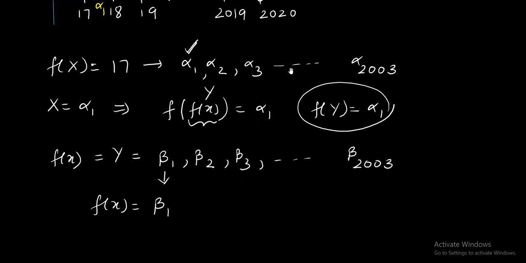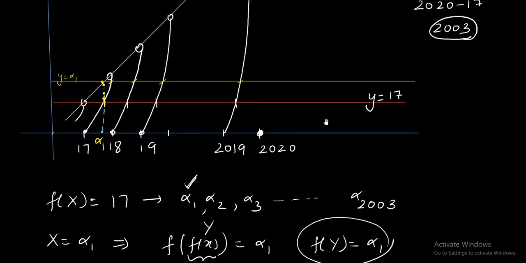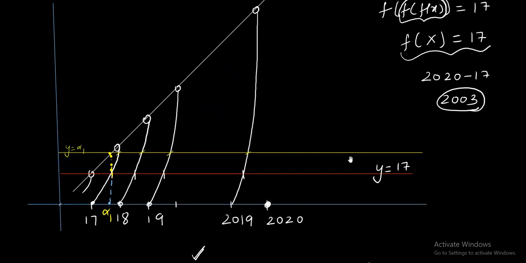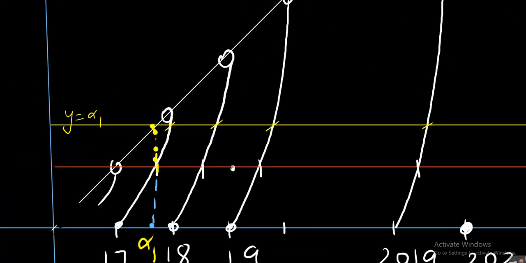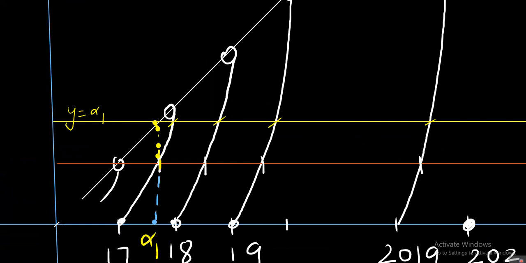f(x) = beta 1 means, let us go back to this graph. I'm going to mark what is beta 1. So for that, let me just magnify this graph. Now from this graph, you can see that this is the point which is alpha 1. Sorry, beta 1, which I can write as, so here is the point beta 1 that we are getting. Corresponding beta 1 on y = x, if you want to trace, then how are you going to trace it?